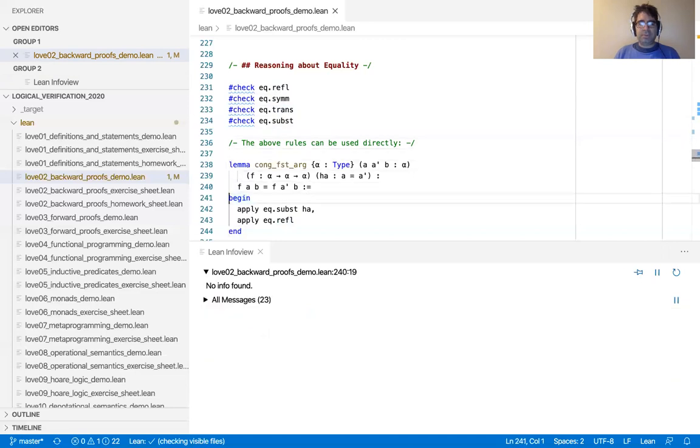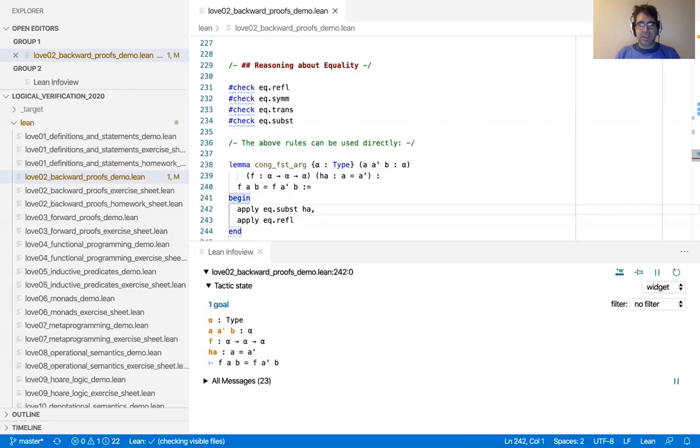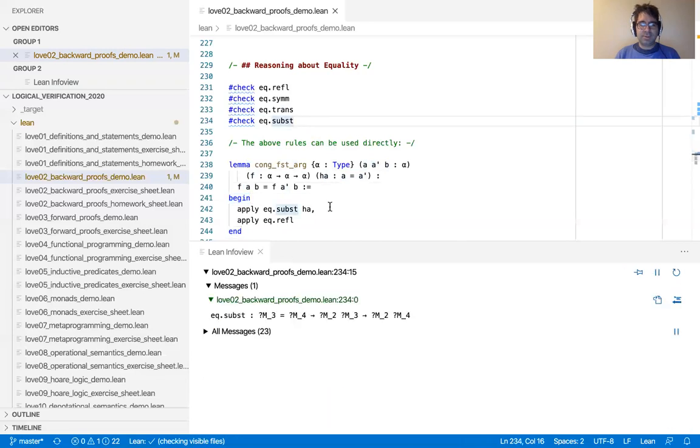So we want to prove something like this. We have that A equals A prime. This is the hypothesis. And we want to prove that F A B equals F A prime B, right? So basically we want to rewrite this A into A prime. And actually we can, you remember we had this Eq.subst here, which takes an equality.